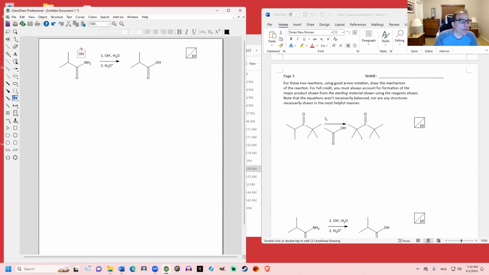And the only nucleophile we're given is OH minus. That's all we've got in solution: OH minus, H2O, and the amide. So OH minus will attack the carbonyl carbon. We break the carbon-oxygen pi bond and put the electrons on the electronegative oxygen.